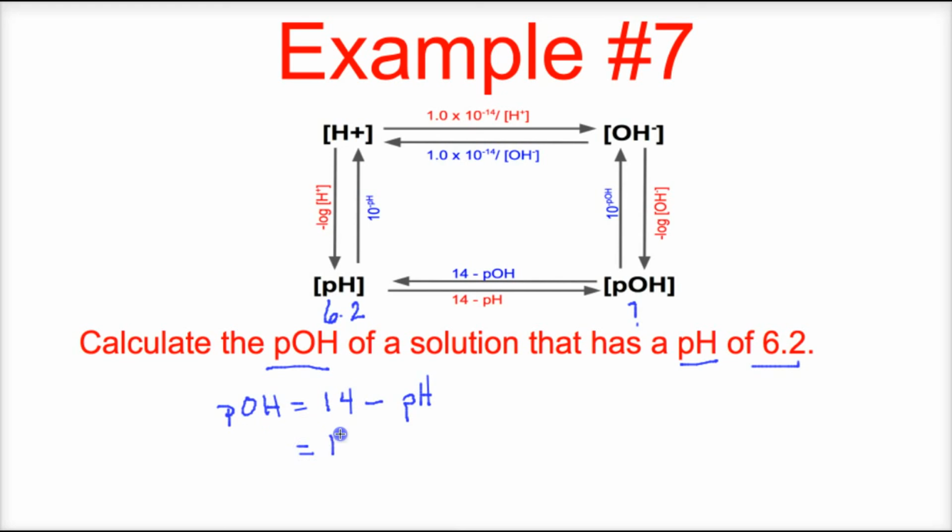So we'll take 14 minus 6.2, and we should end up with a pOH of 7.8. So if the pH of a solution is 6.2, the pOH is going to be 7.8. So I hope this was helpful.